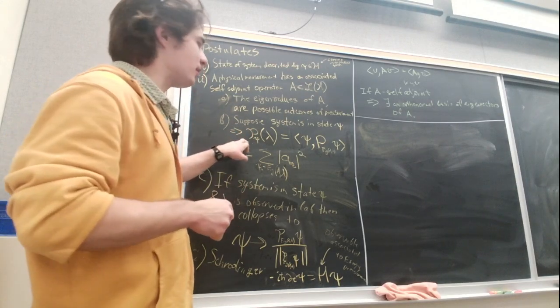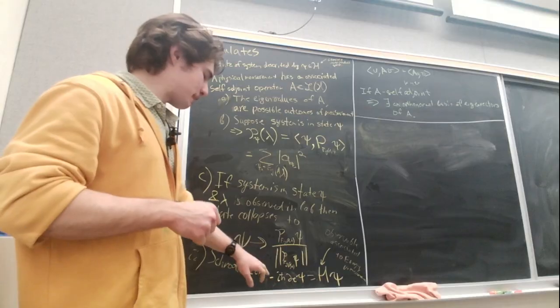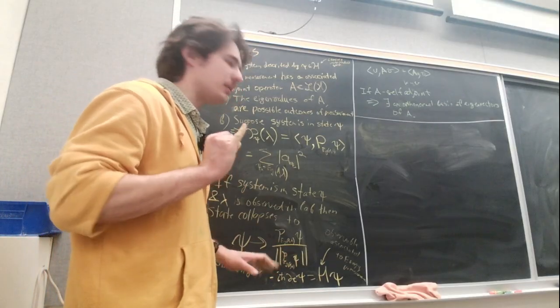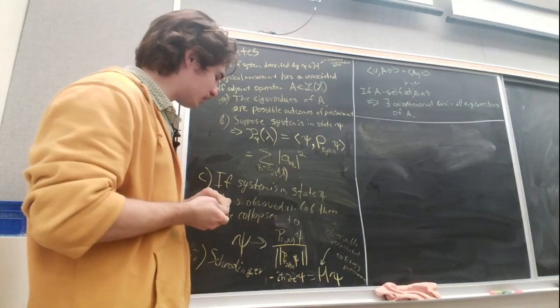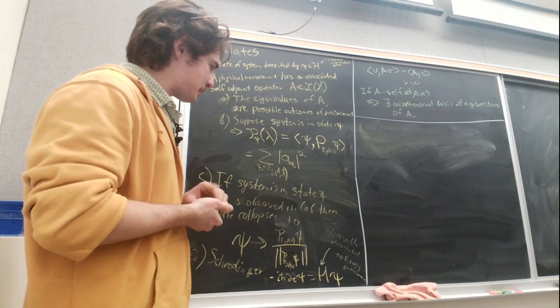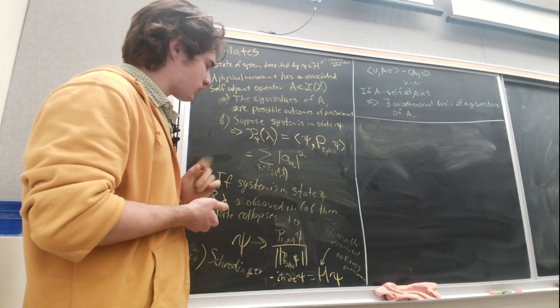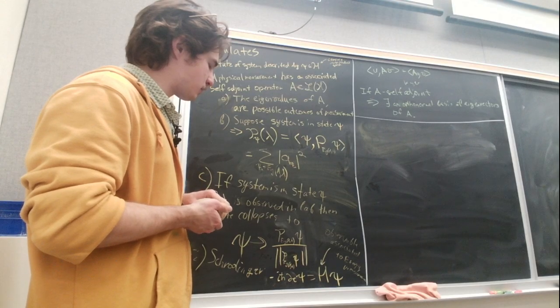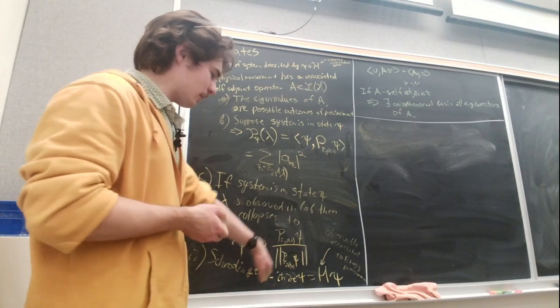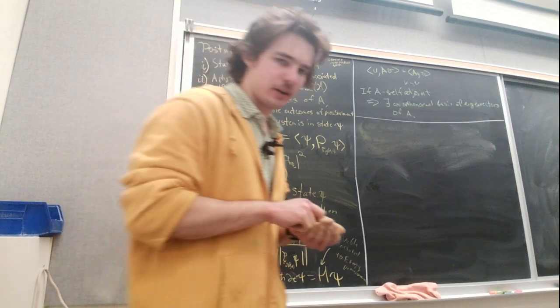You want to conserve these inner products, and because of that, the i has to be there. If you don't remember exactly how that follows, you can go back and look at it. How to solve the Schrödinger equation, we'll talk about that later.